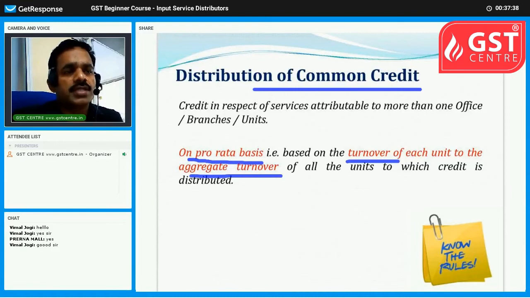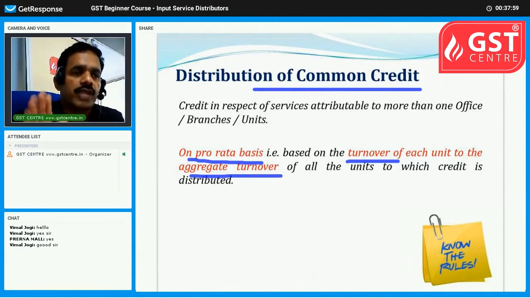Suppose the input tax credit was 2 lakhs, and the turnover of Chennai, Bangalore and Mumbai is 50,000 each. It should be distributed equally.